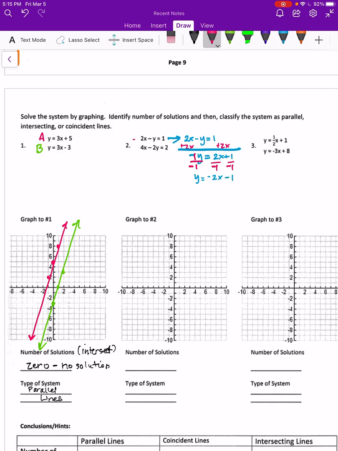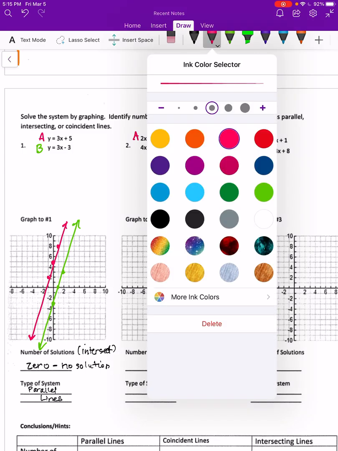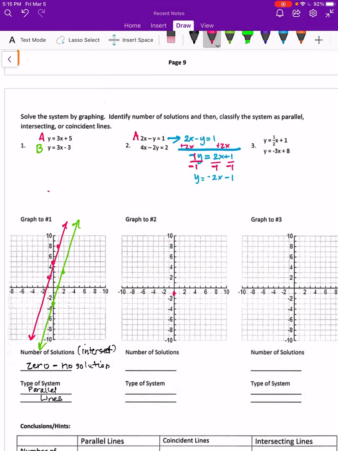So I'm going to label that A, and let me graph that. So we start at negative 1, and we go down to, oh, wait a second. Whoopsie. Mrs. Smith made a mistake. To put it on the other side, it should be a negative 2.